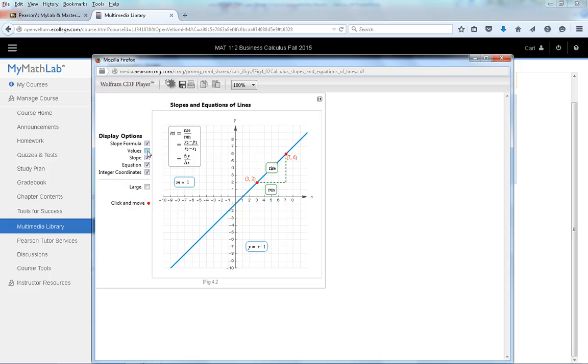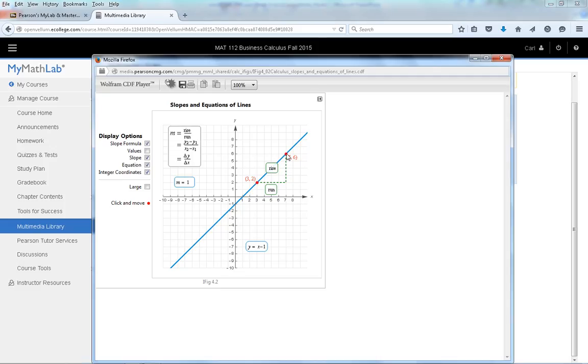Now if you click on the other thing, the values will tell you how they got the delta y and delta x numbers. I'm going to take that back off so it's not as crowded.